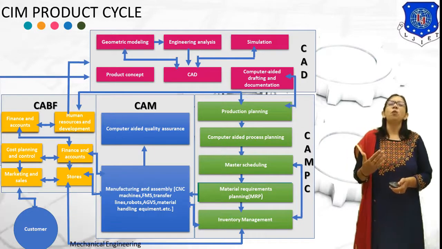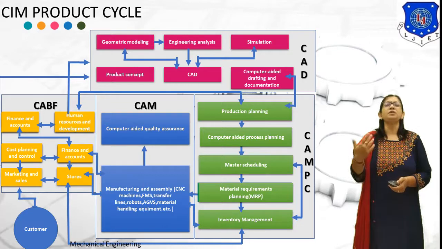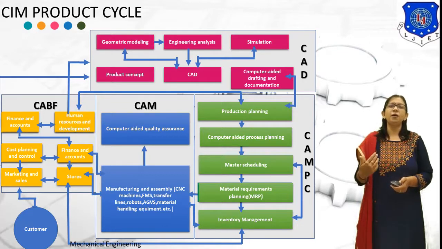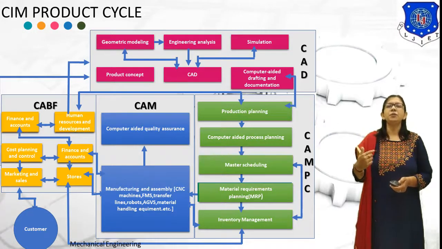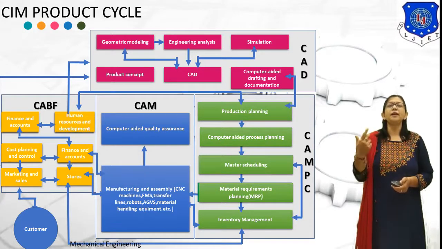From the geometric model, the detailed two-dimensional drawing of the product and its components are created automatically. This is known as computer-aided drafting. At this stage, the complete description and information of the product and its component is available in CAD/CAM database, as you can see in the diagram.